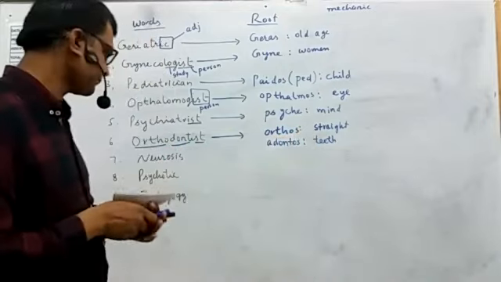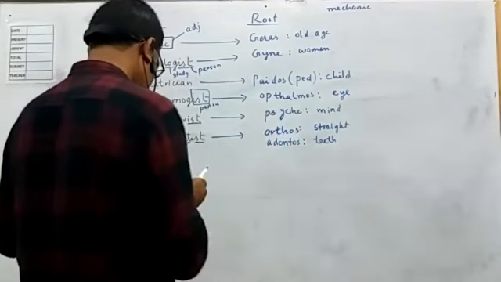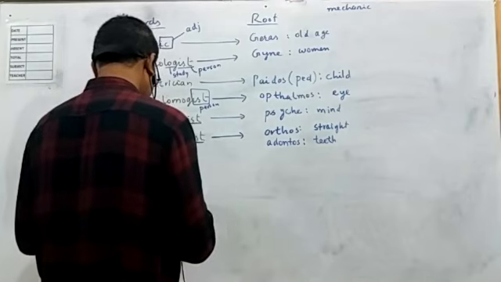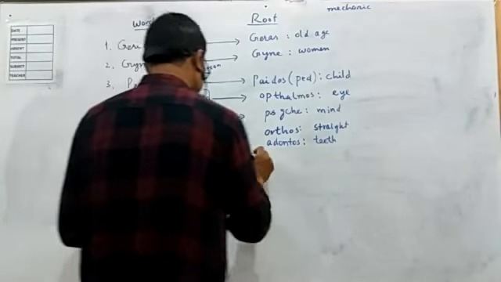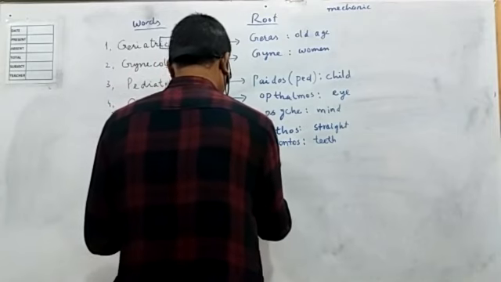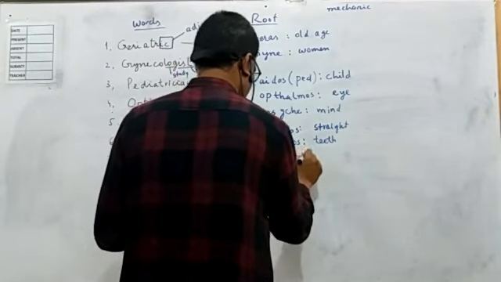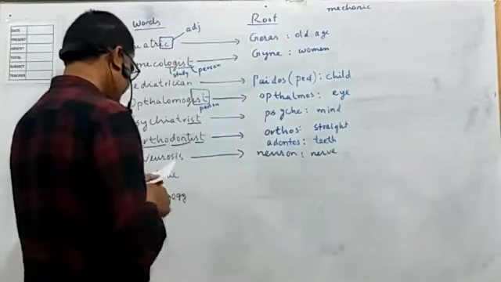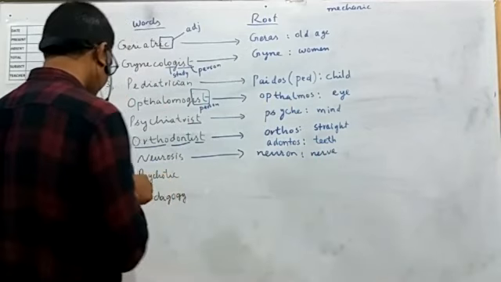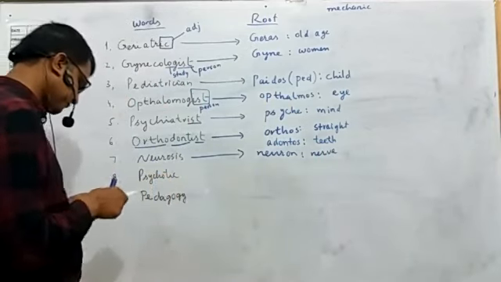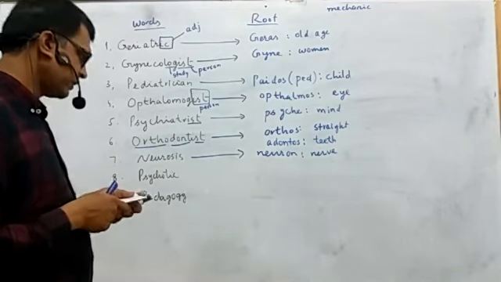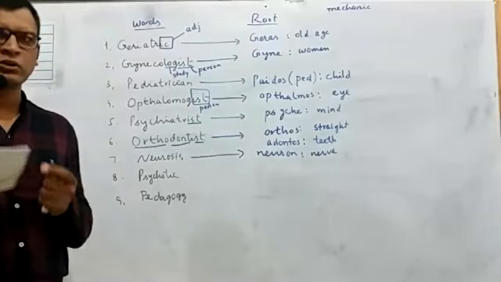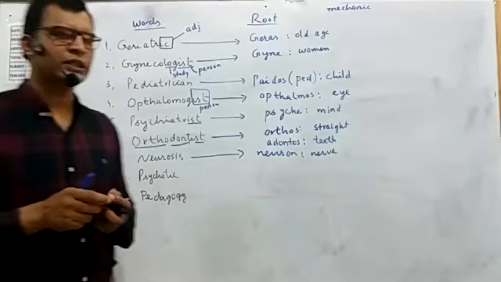Similarly, we have neurosis. Neurosis is basically with the neuron, which are nerve. Okay, so neurosis is a kind of study in which we talk about some disorder that has been created into our nerves. Our nerves are not in our control.